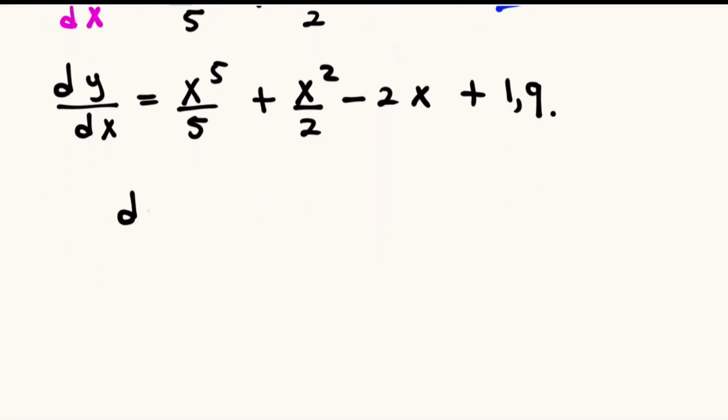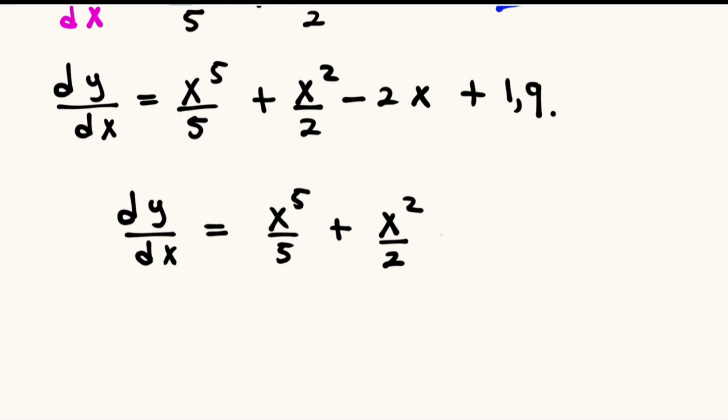So from here, we have dy divided by dx, which is equal to x to the power 5 divided by 5 plus x squared divided by 2 minus 2x plus 1.9.